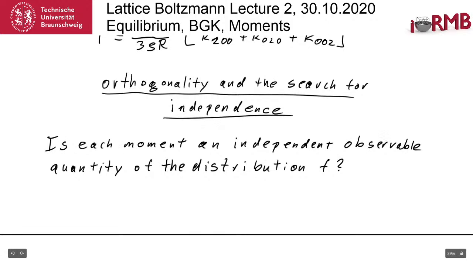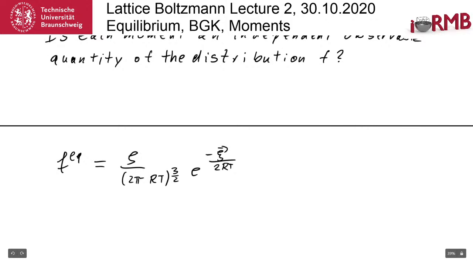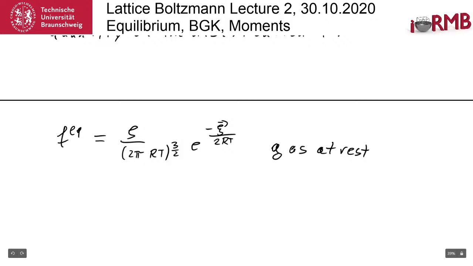Let's look at the equilibrium function, rho over (2 pi RT) to the 3/2, e to the power of minus c squared over 2RT. This is now at rest, as you see. So, gas at rest. And now compute the second order moment of it.